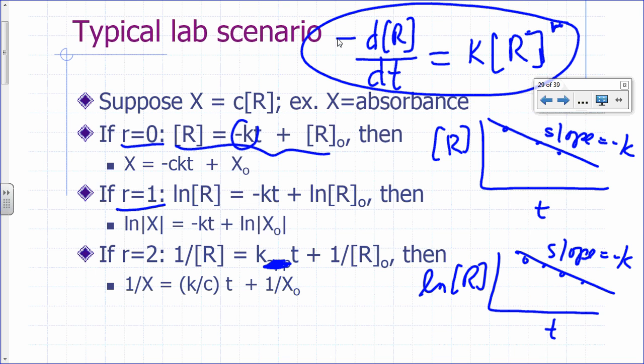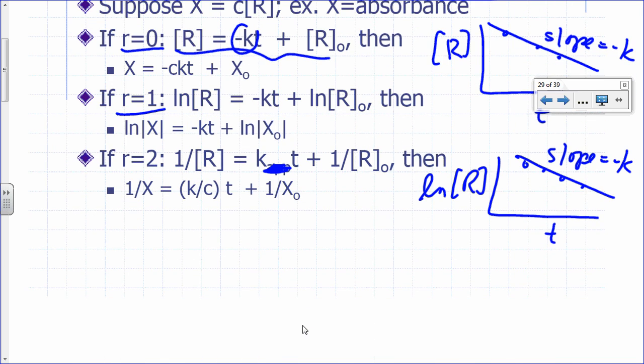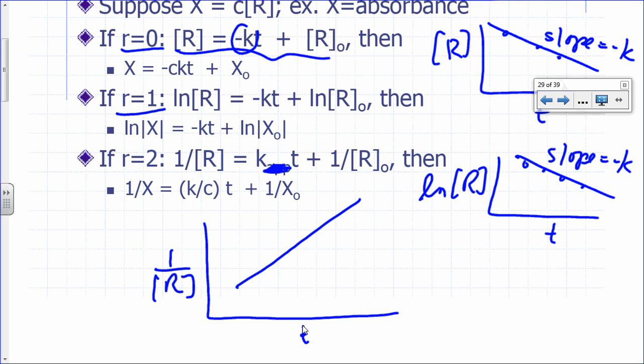And if it's second order, then what you'll need to do is, so if you've tested whether it's zero or first order and you find that it's not zero order, it's not first order, you can check if it's second order by plotting the reciprocal of R versus time, and you should get a straight line, okay, with a positive slope, and that slope is equal to k, right?